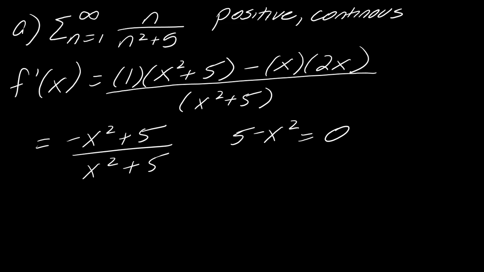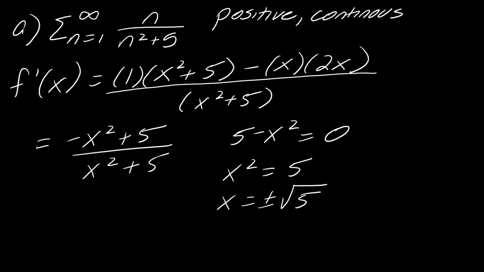And actually, this is going to be helpful. You can pretty quickly figure out where it's increasing and decreasing from this, because what you're going to find is x squared equals 5. So my x is going to equal plus or minus the square root of 5. The square root of 5 is bigger than 2, and it's smaller than 3.